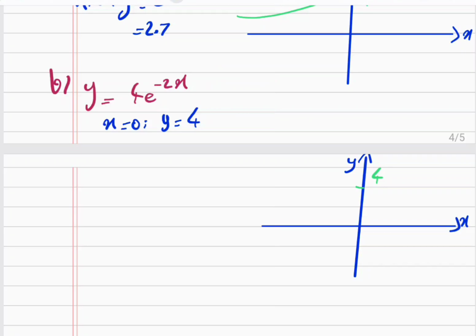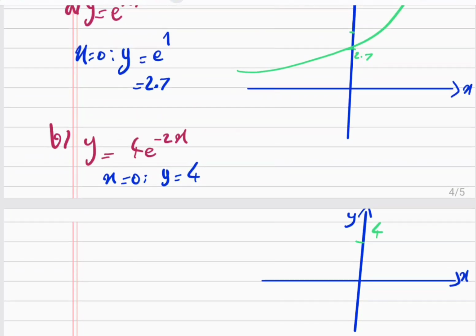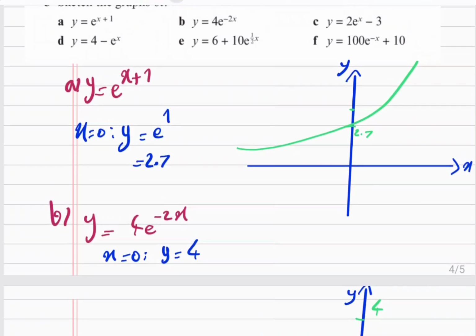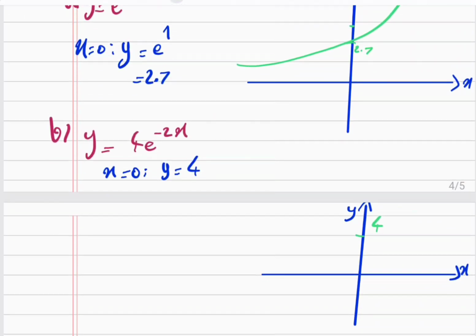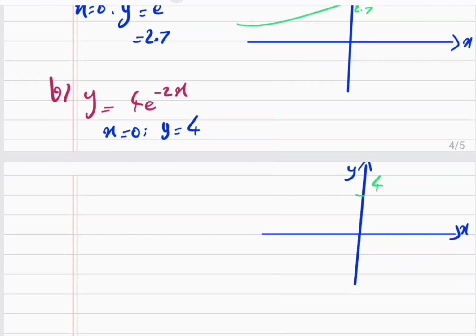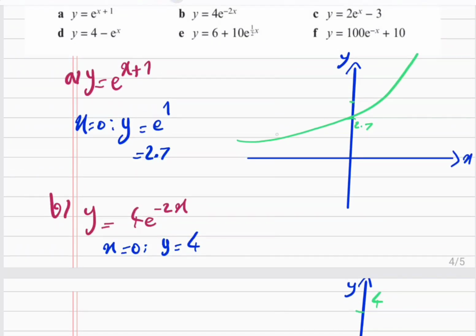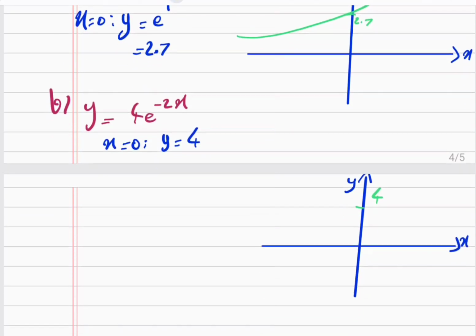Every x coordinate is going to be half, or in other words, it's just like a squash of the exponential graph. The second thing is that we have the minus, so that's also a reflection in the y-axis at the same time. So instead of having this orientation, it's going to be the opposite.